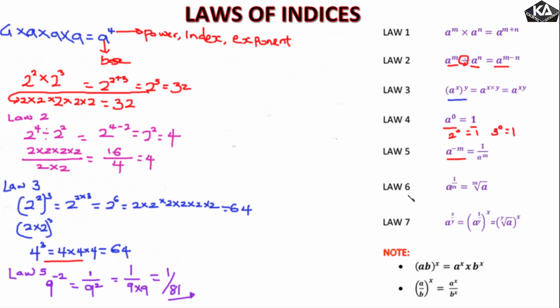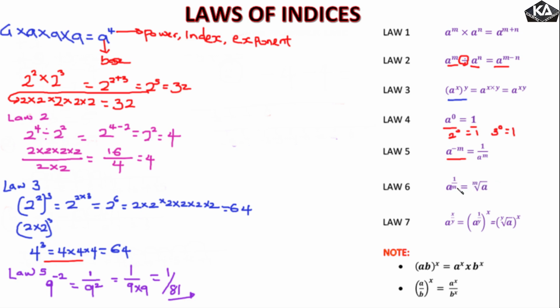Now, when you have a raised to power 1 over m, the power is a fraction. This is the law of fractional index. The power or index, the superscript, is a fraction. Now it becomes the m-th root of a.